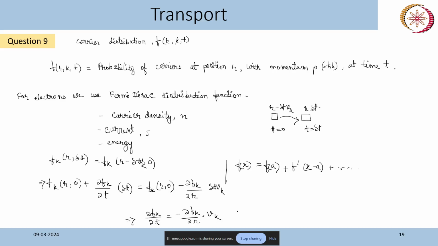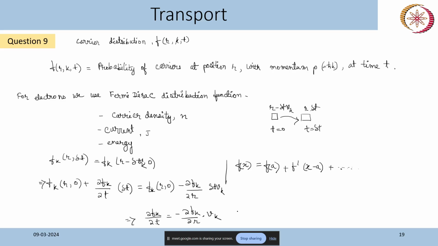So this looks like the diffusion part. Del f by del r is the concentration gradient, and because of the concentration gradient the distribution function is changing with respect to time, with the carriers moving with the velocity v_k. So this is like the diffusion equation.